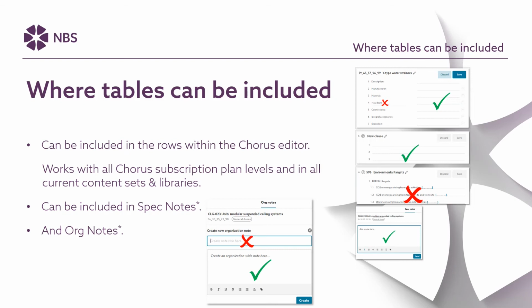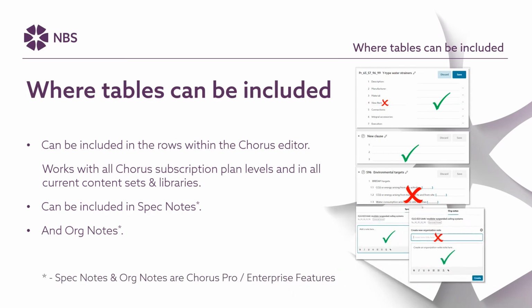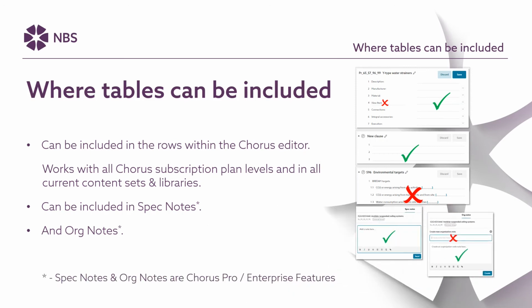And also, I'm sure you'll be aware, only your Chorus organization administrators can add org notes. And just to mention that spec notes and org notes are both Chorus Pro and Chorus Enterprise features. So this functionality is not available with the base Chorus plan.